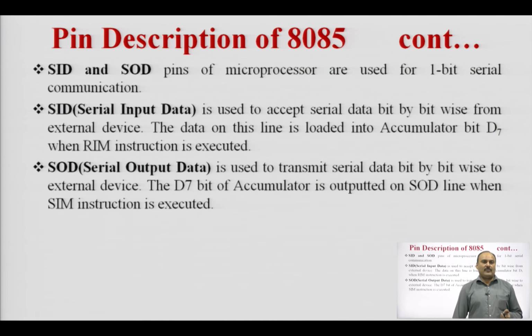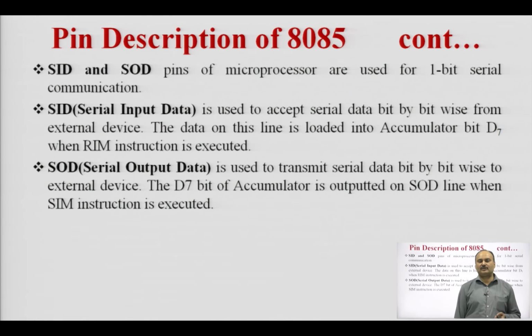To control 1-bit serial communication, the serial input output control unit is present in the 8085 microprocessor, and pins are dedicated for serial input data and serial output data. The SID pin is used to receive 1-bit data serially, bit by bit, and the data on this line is loaded into accumulator bit D7 after the execution of the RIM instruction. The SOD pin is used to transmit data serially, bit by bit, to an external device.